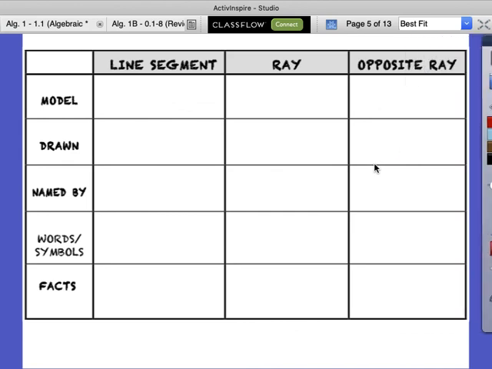So we now have some more terms. These are going to be some more terms that are defined now, rather than undefined. So we start off with the line segment. A line segment could look something like this. Notice it's a little bit different than a line.